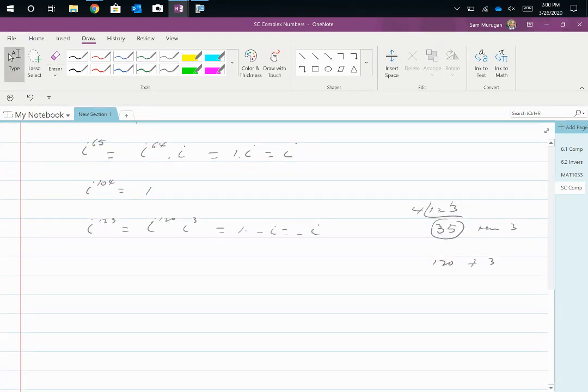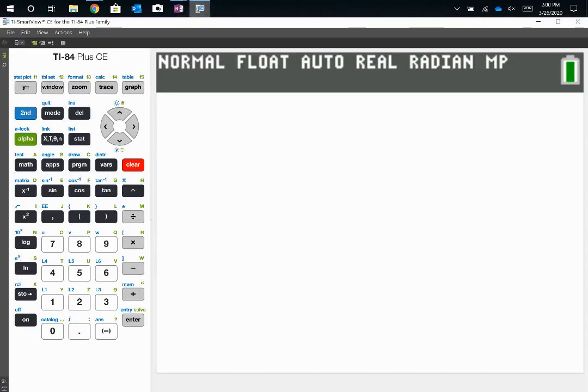Now you're probably asking yourself if you can do some of this with the calculator. You may be able to do this with your calculator depending on the age of your calculator. However, the calculator loses some of its functionality after you go too far on i.